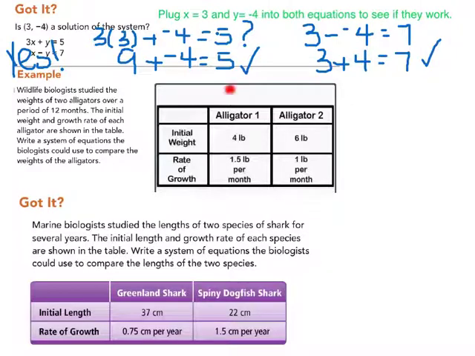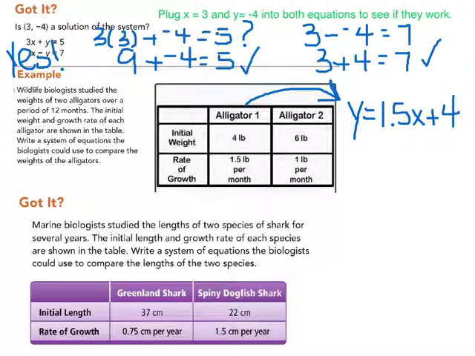So the equation for alligator 1 is y equals the rate or slope, which is 1.5, x, plus the initial amount, or the y-intercept, which is positive 4. So that's for alligator 1.